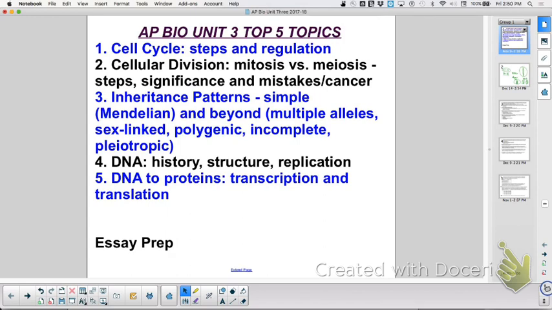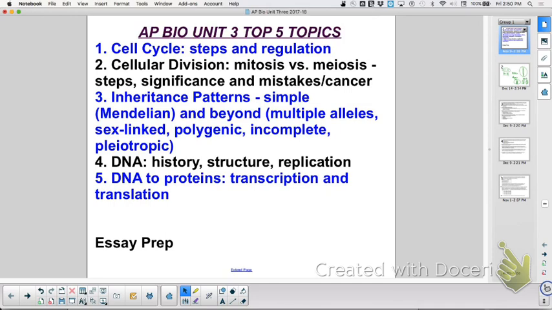Okay? And they used really important, expensive equipment like blenders, but they also used centrifuges. And they identified that the transformative something that was changing the bacterial traits was actually DNA, because they found the what? DNA. The P32 isotope inside. Okay, what was another one?